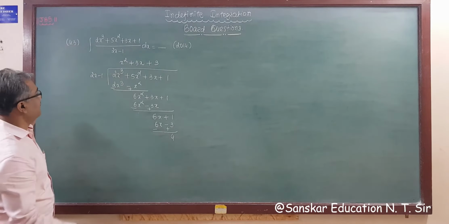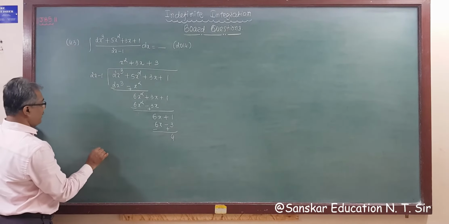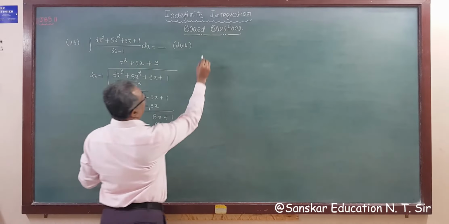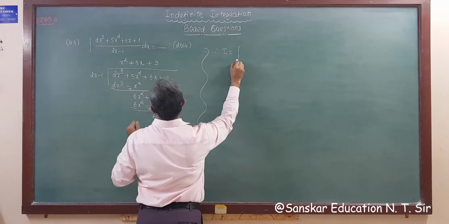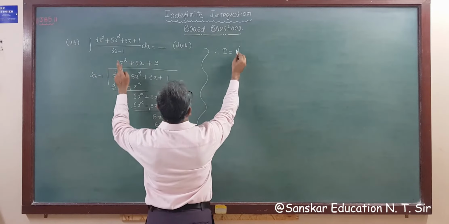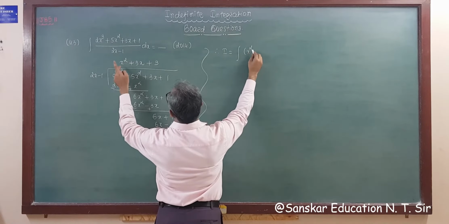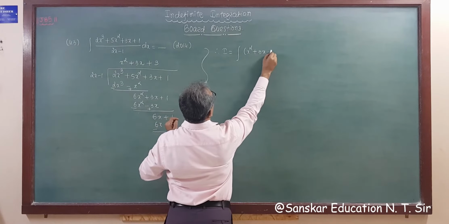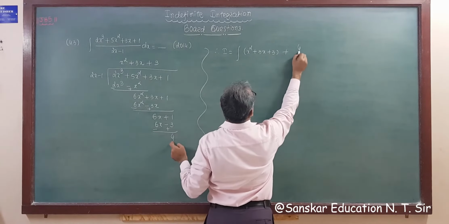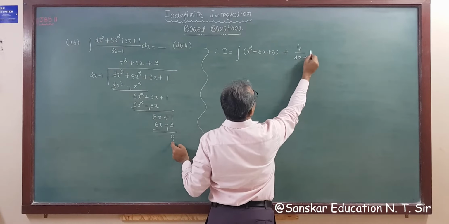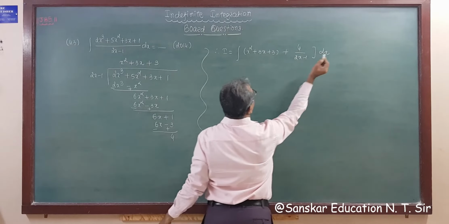Therefore I is equal to the integration of x square plus 3x plus 3, plus the remainder 4 upon 2x minus 1, dx.